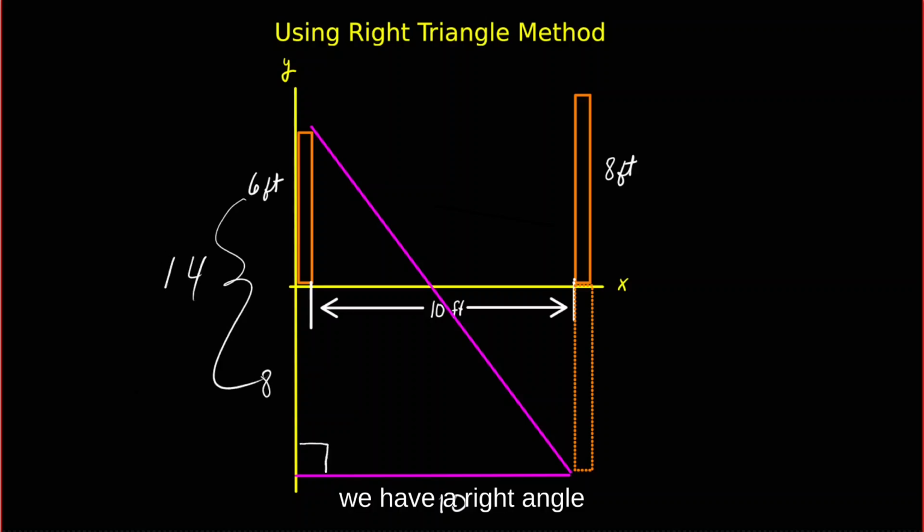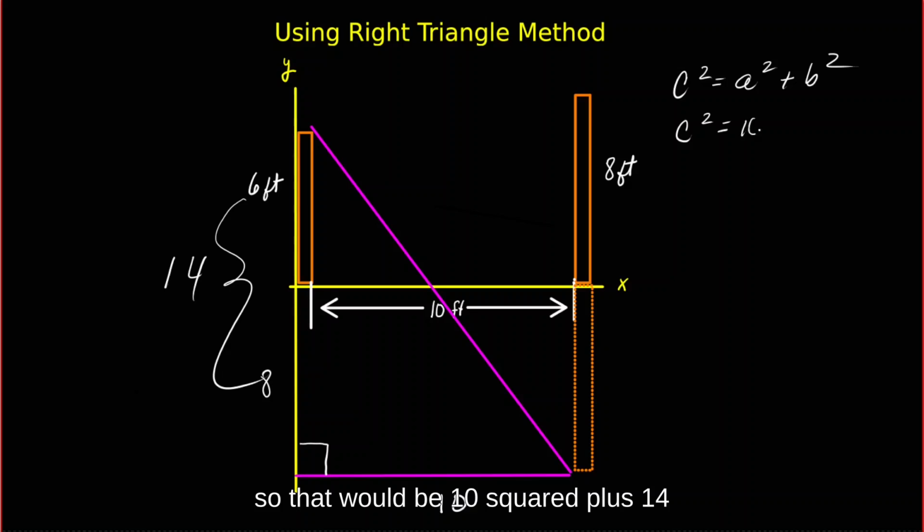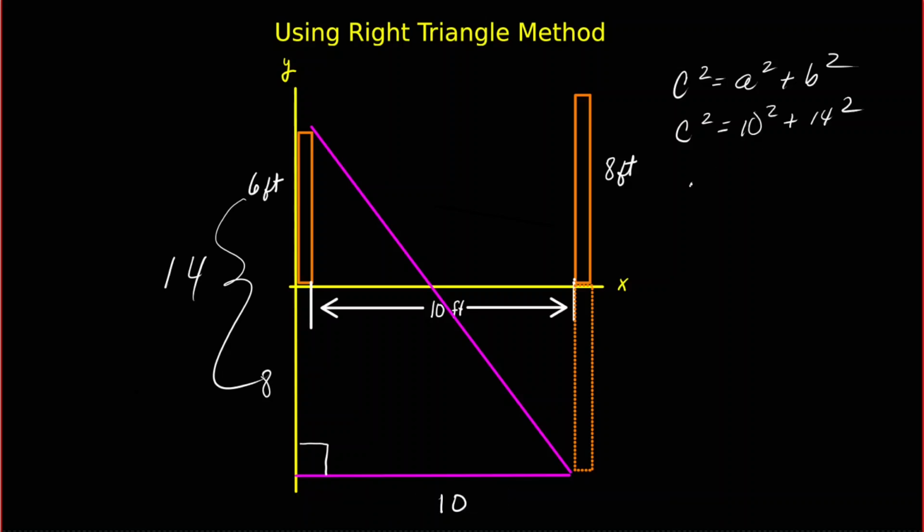We have a right angle, so c squared is equal to a squared plus b squared. That's 10 squared plus 14 squared, 100 plus 196.